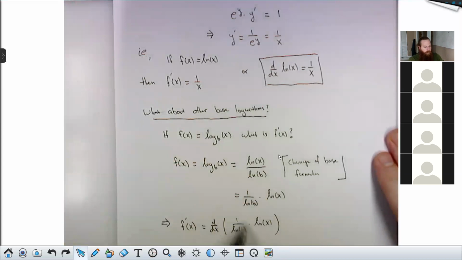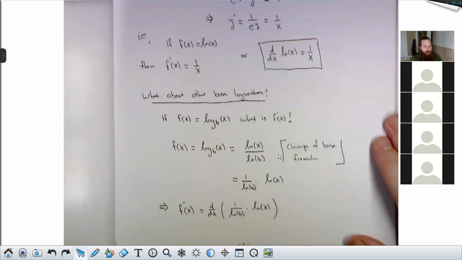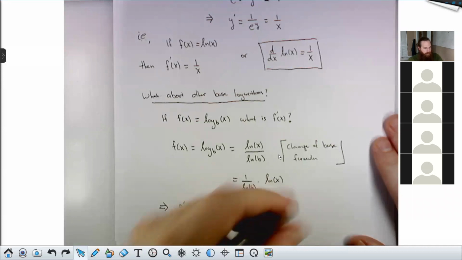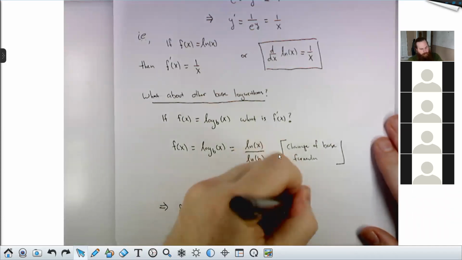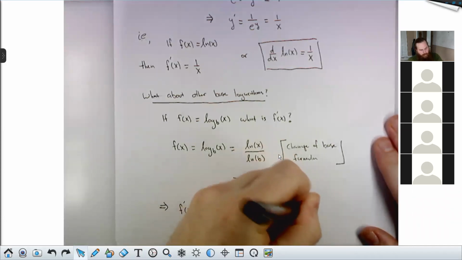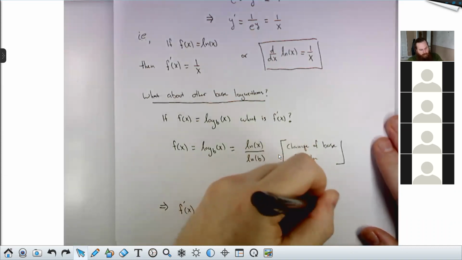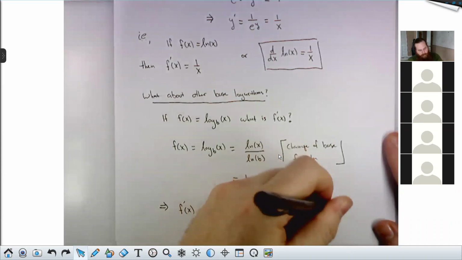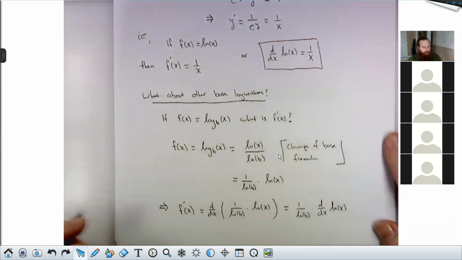And 1 over ln b is a constant. b, the base, is a constant, so the natural log of b is a constant. So this is 1 over ln b times d/dx of ln x.